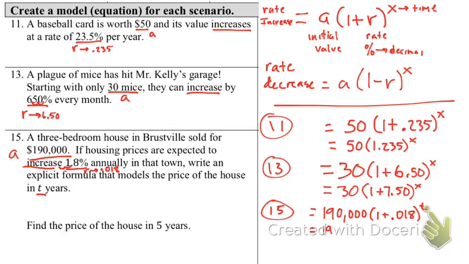Equals 190,000 times 1.018 to the T. So that is my formula or my equation. Now let's do the second part. I want to find the price of the house after 5 years. So in essence, we're just going to use 5 and plug it in for T. So let's do that and compute it.